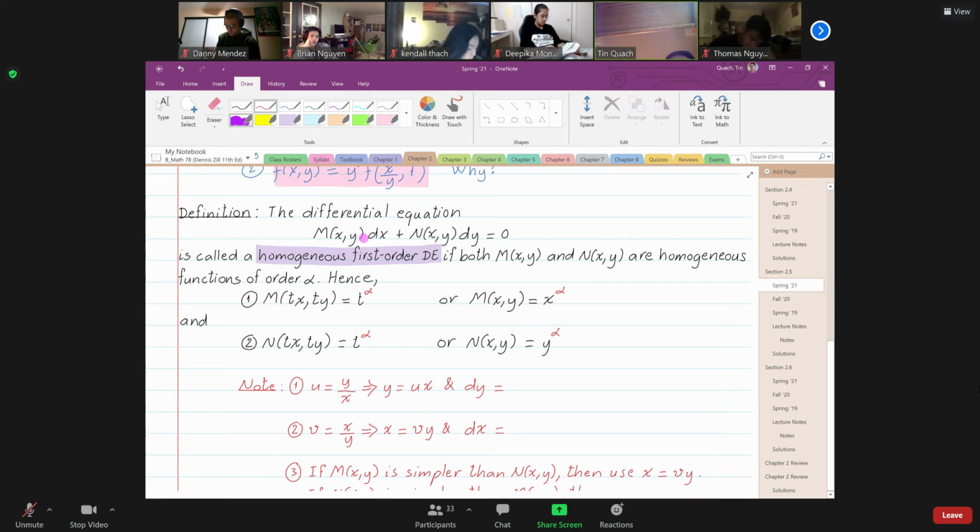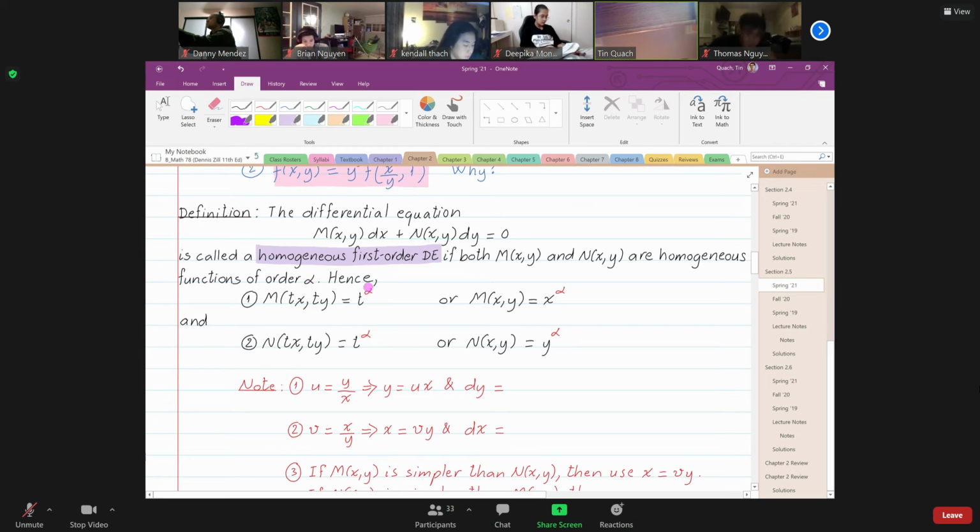You see the form that we had in the previous section is like this. This differential equation is called a homogeneous first order differential equation if both M and N are homogeneous functions of order alpha. So they have the same order. When you have a differential equation written in this form, we call it a homogeneous differential equation when both M and N are homogeneous functions of order alpha.